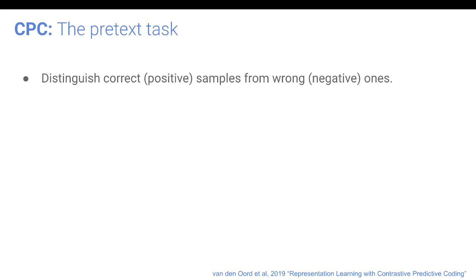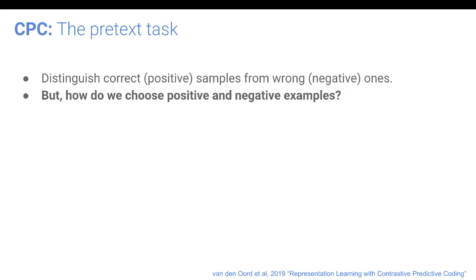The main pretext task, the main idea that drives learning, is how to distinguish correct or positive samples from negative samples. And the question is, how should I decide which samples should be positive and which samples should be negative?